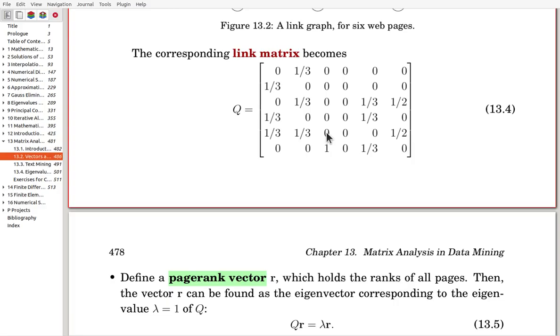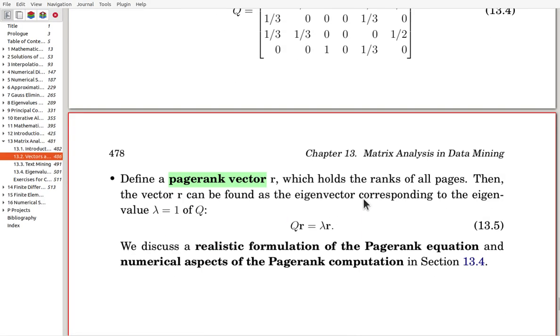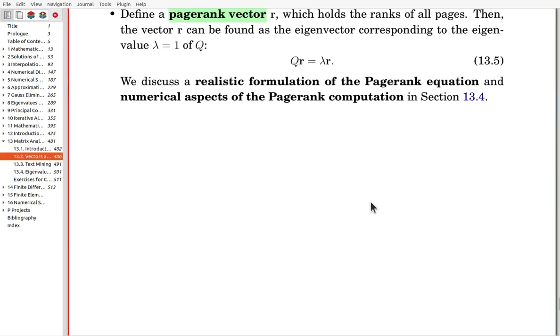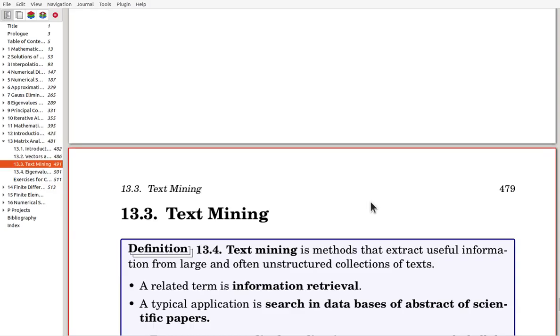If not, then eventually we cannot use the result very effectively. So the realistic formulation of the PageRank equation must be followed, and some numerical aspects of this PageRank computation are also not trivial. So later on we'll consider these issues in section 13.4. Okay, that's the end of the section. Thank you.